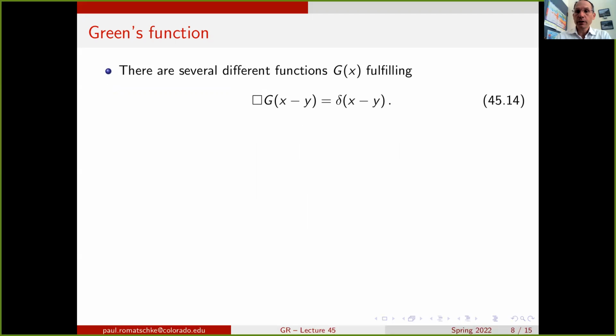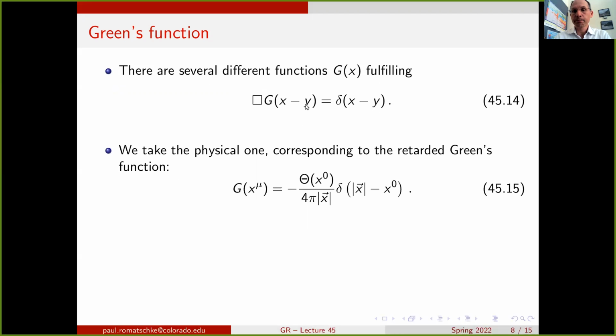There are several different functions g that fulfill this second order differential equation. As with most physics problems, we want to take a physical solution, which in this case corresponds to the retarded Green's function, or equivalently to the Green's function solving this equation with retarded boundary conditions. The function is given in equation 45.15, and the proof of this is left as a homework problem.